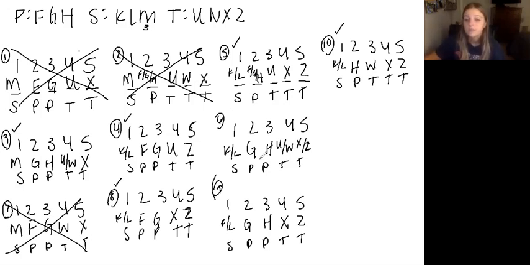Going into my 6th world, I could have a W. If I have a W though, I have to make sure that I have an H, and because H is concretely placed, I know that it'll follow that rule, so I'm good there. If I had a U, the rule doesn't apply, it doesn't matter. So either way, if I pick U or W, I'm solid, it's going to follow that rule.